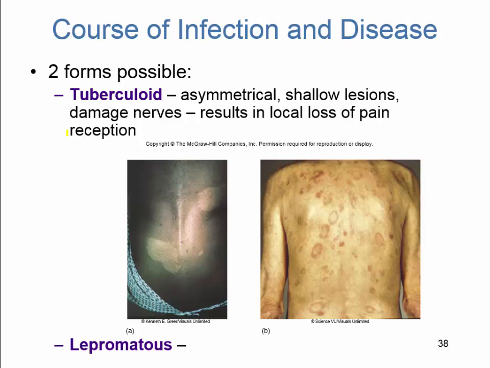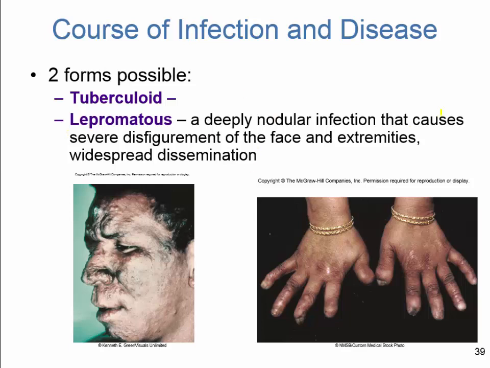And so these are shallow lesions, superficial loss. In some cases, you have some proprioception, pain reception that is diminished because of the disease, versus lepromatous is much deeper. So this bacteria has a less inflammatory immune response.